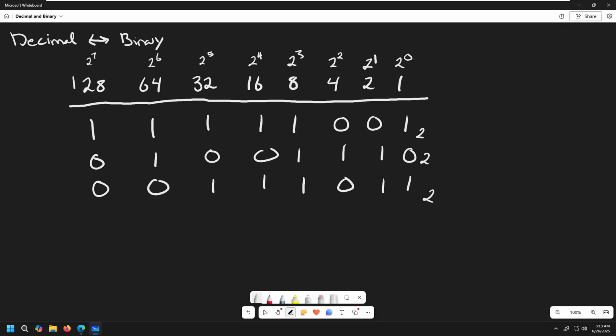Okay, we have 3 binary numbers here. The interesting thing about this top one, you may be able to figure it out without doing any difficult mathematics because everything is turned on except 4 and 2.